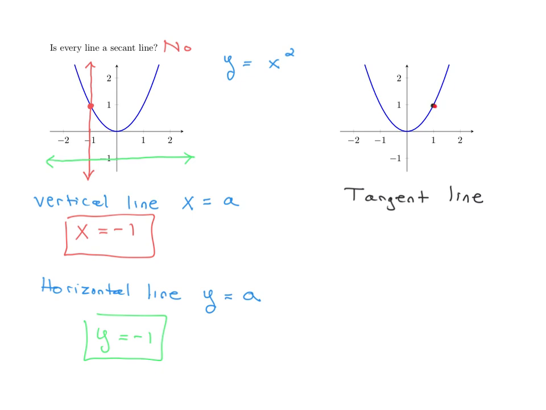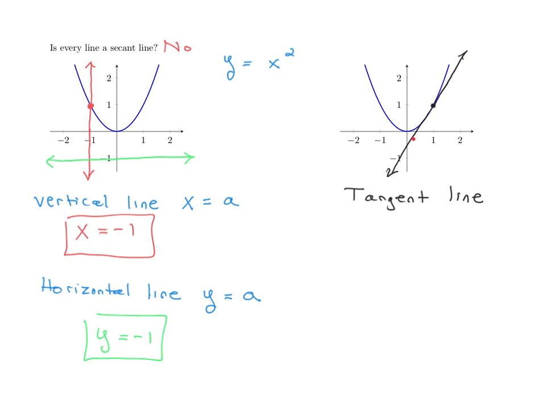It's going to intersect this one spot, but it's also going to move in the direction of the curve. You could think of it as like holding up a ruler to the curve at this one point. That straight edge would be tangent to the equation, so I'll draw this in here. So here is a tangent line.